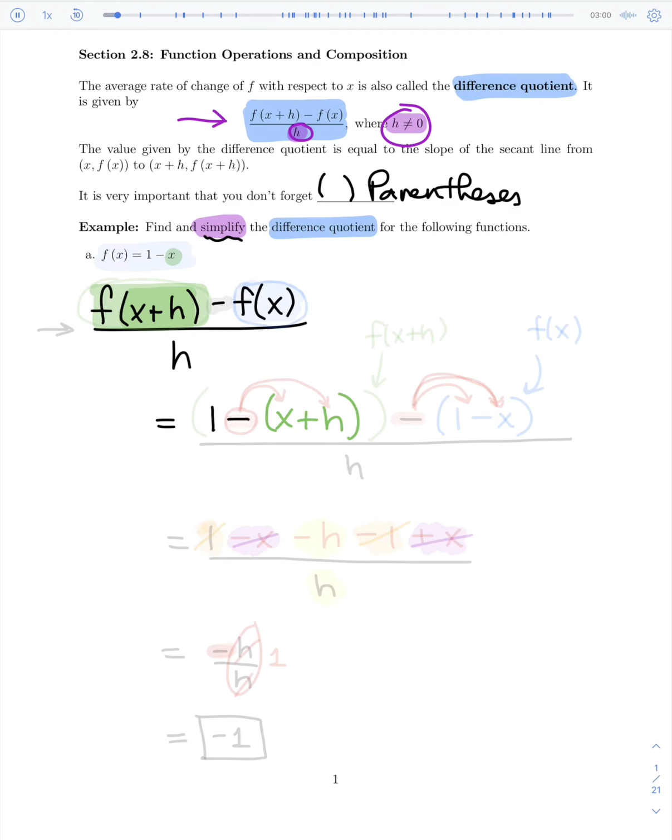Another thing that we have to be careful about, this is our entire f of x plus h piece that's also getting plugged into this big formula here. It's getting plugged into this difference quotient formula. So I also want to put parentheses around that piece as well, just so I don't get confused. What isn't going to change is the fact that this is one big fraction. So I'm going to go ahead and draw my fraction line.